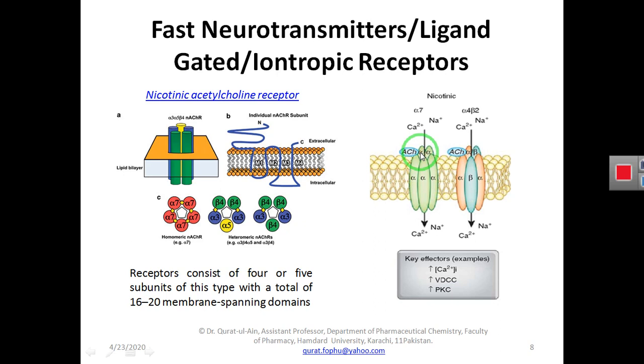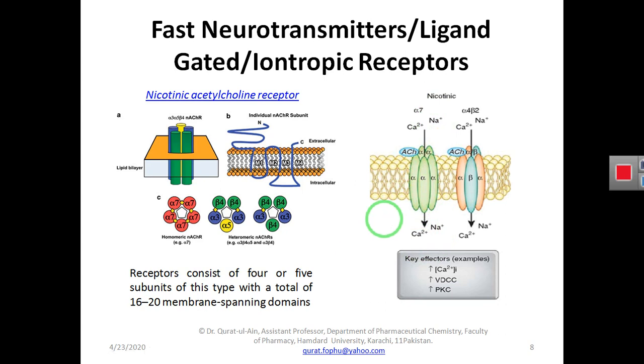You can see here the acetylcholine is binding with two alpha subunits. Due to this binding, the channel opens, and sodium and potassium ions transfer from outside the cell to the inside and produce their effect.